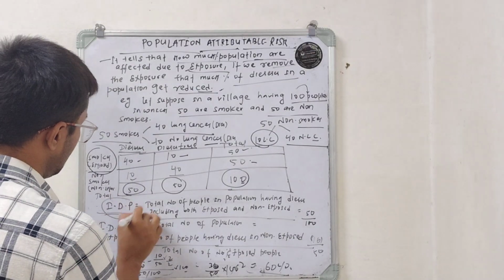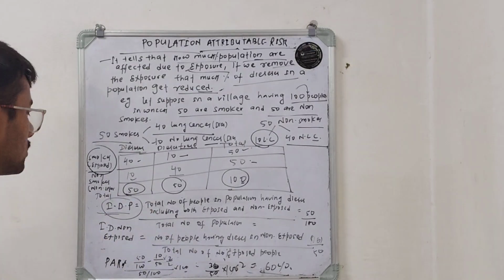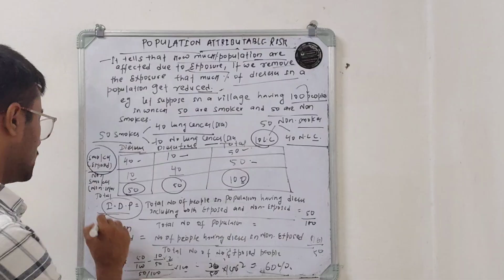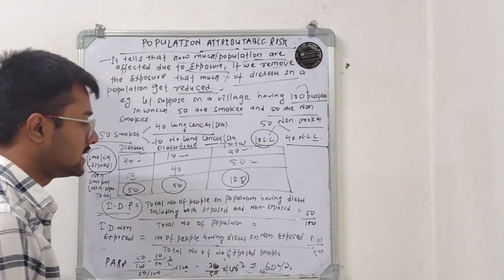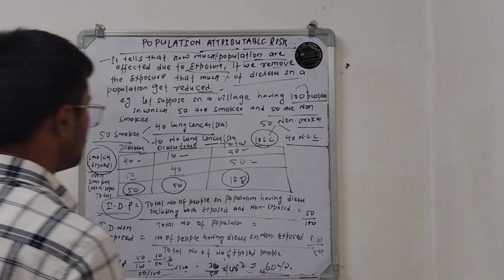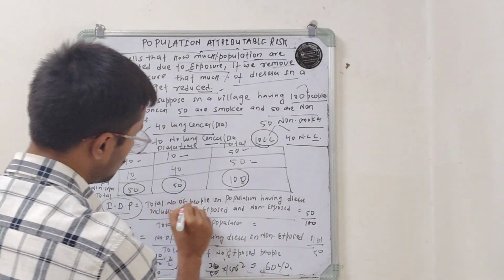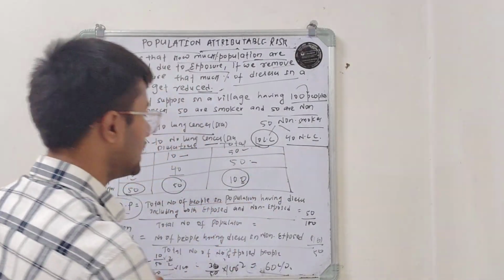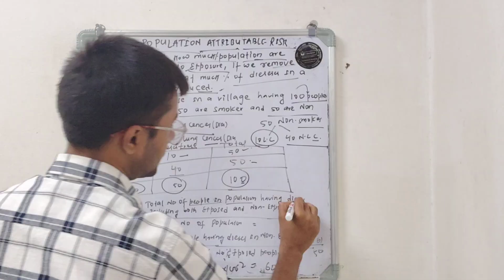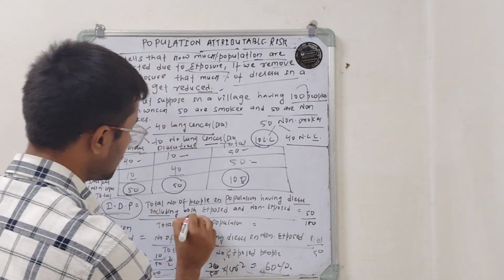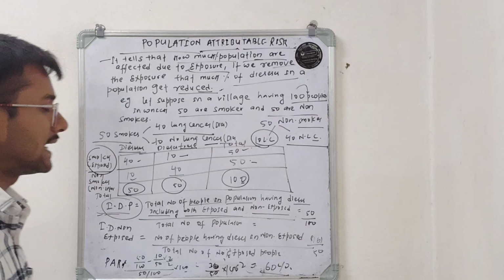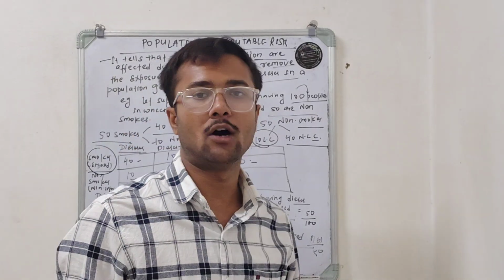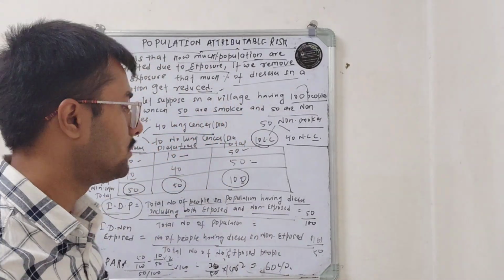This is the full form of incidence of disease in a population. How do we calculate the incidence of disease in a population? For this we first calculate the total number of people in the population having disease, including both exposed and non-exposed.